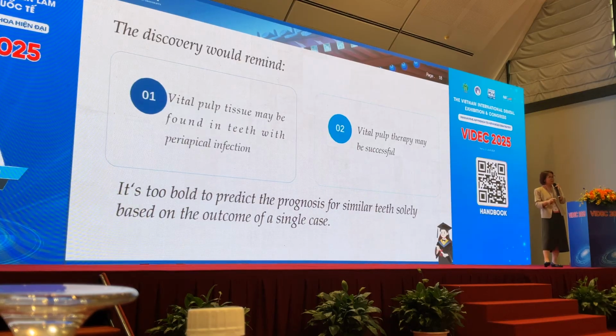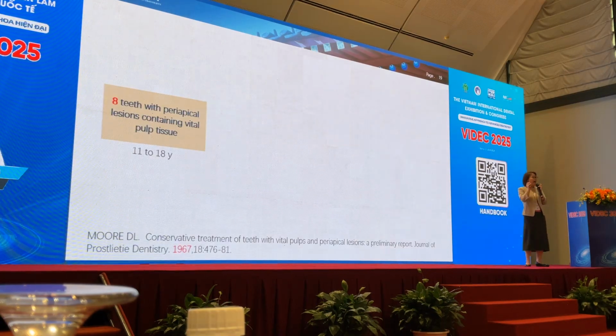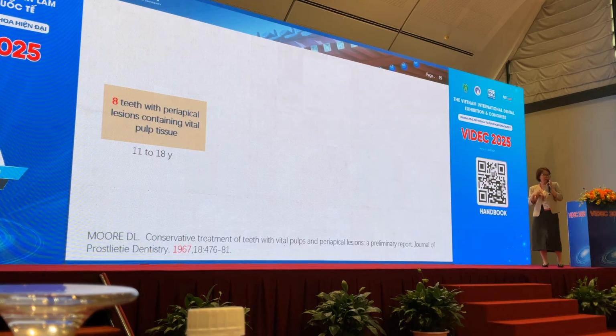So the dentist carried out a prospective clinical study, and 8 teeth with periapical lesions and containing vital tissue were recruited from 11 to 18 years old patients.